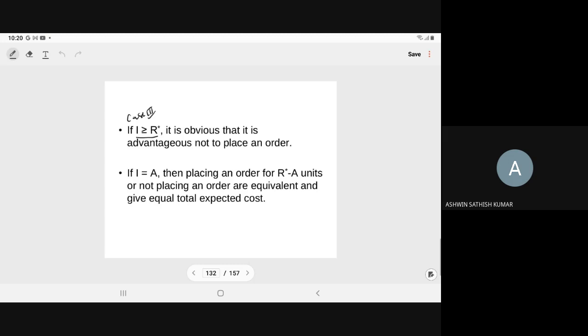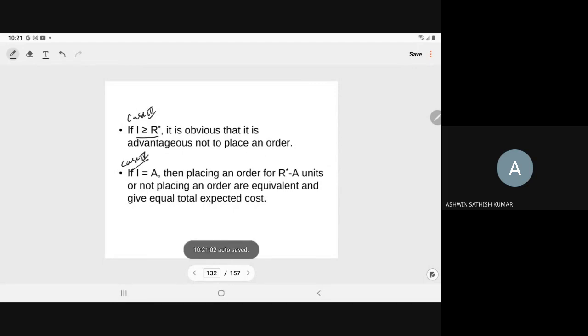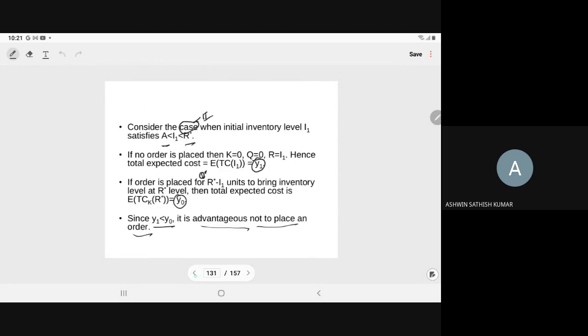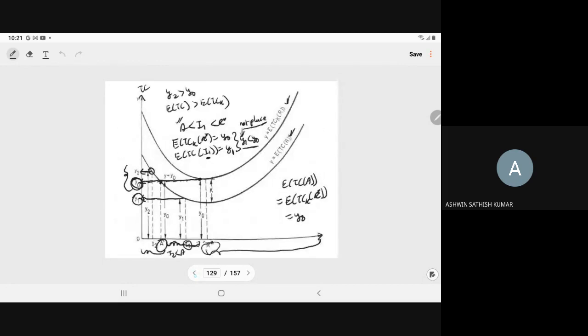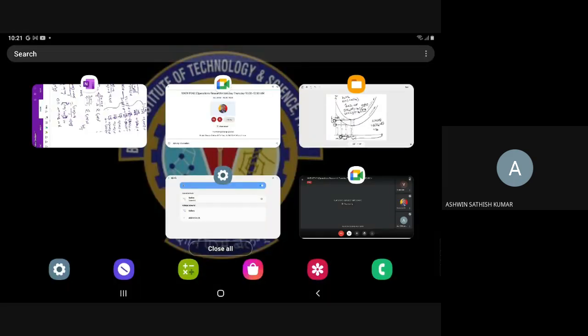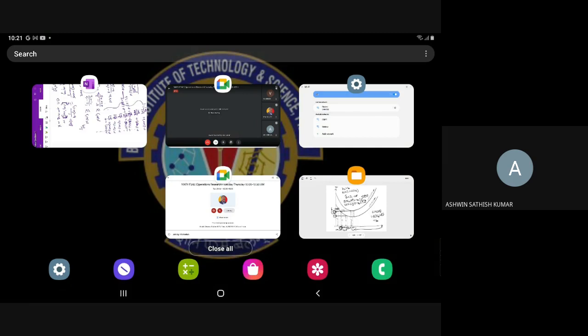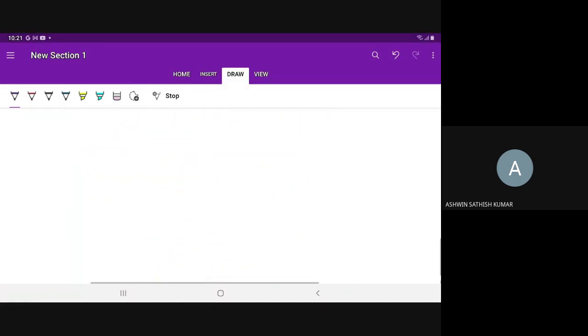In the fourth case, the initial inventory is equal to A. If you are not placing an order at that time, the cost will be ETC A, and it is equal to Y naught.